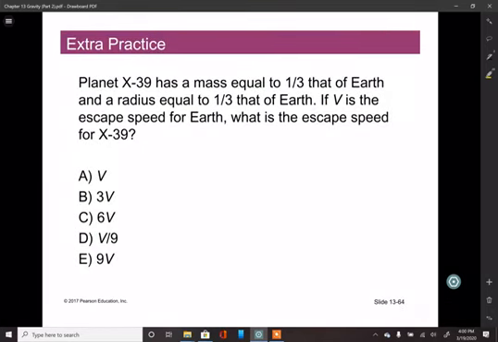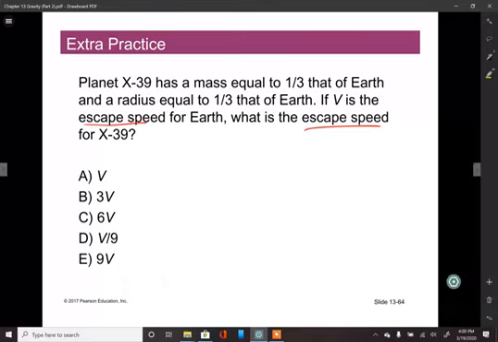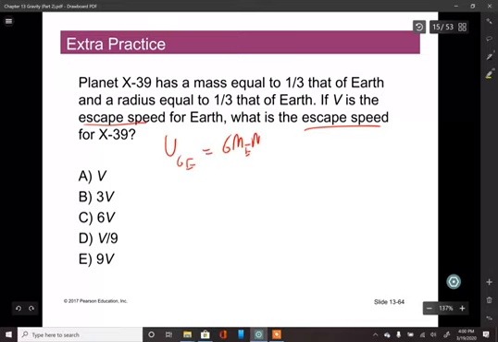Okay, so we are asked a question about escape speed on another planet. Since we know that's energy conservation, what I'm going to do is get the potential energy on the surface of those planets, if we're starting on the surface of both. So U_G Earth is negative G M_E M_rocket, whatever that is, over R_E. And U_G on planet X is negative G M_X M_rocket over R_X.